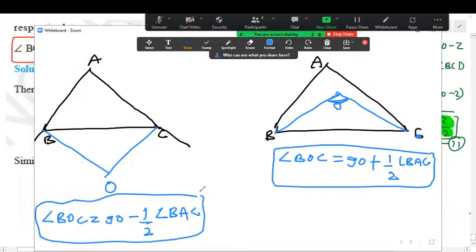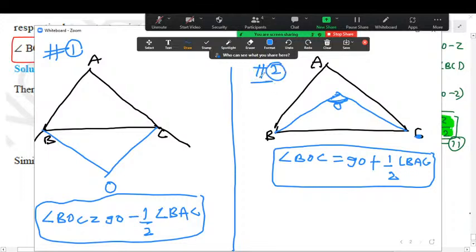They are properties if you can remember them, but they can be asked to prove as well. If you are considering the bisection of exterior angle, the angle thus obtained is 90 minus half of BAC. And here if you consider the bisector of interior angle, the angle thus obtained is 90 plus half of BAC.